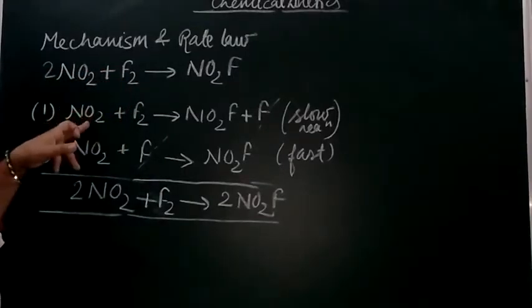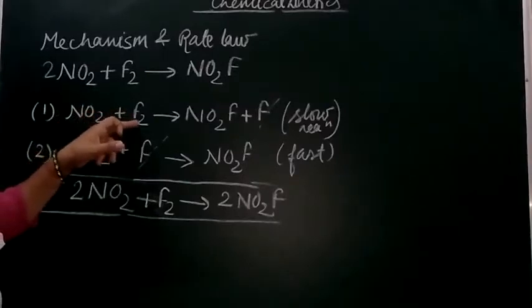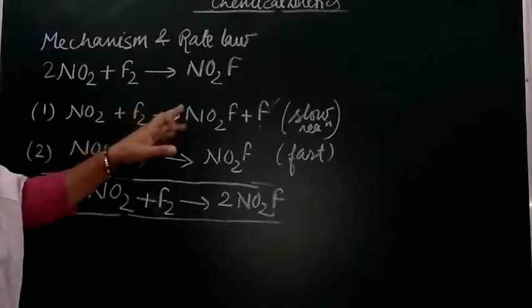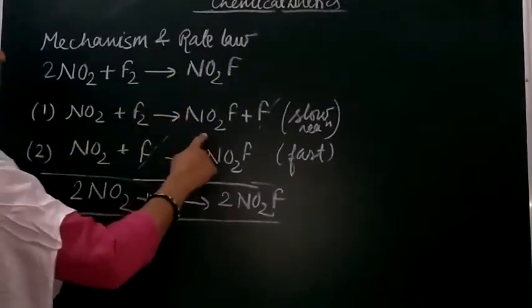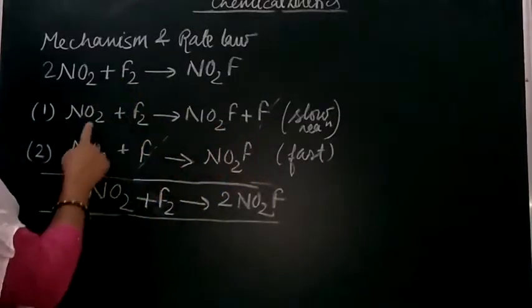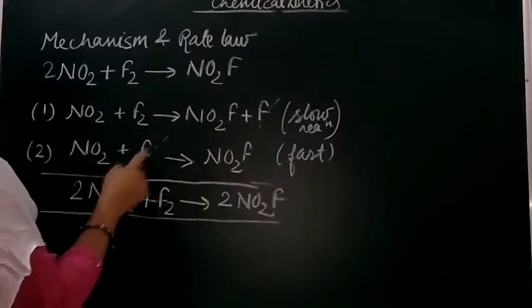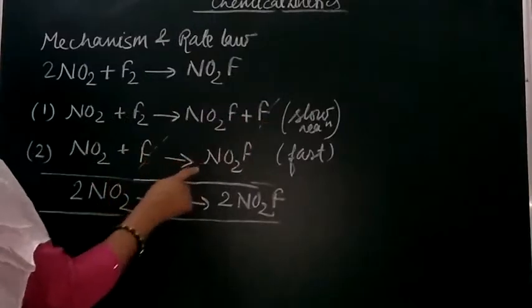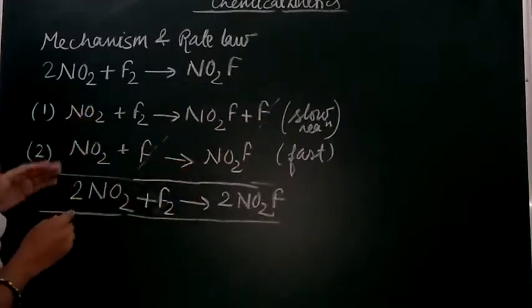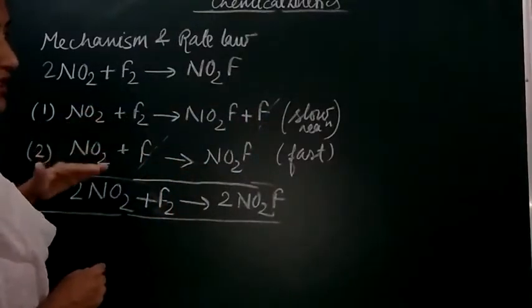First, 1 nitrogen dioxide molecule will collide with a fluorine molecule to form NO2F and F, and then an NO2 molecule will collide with this F. So the complex reaction takes place in simple steps.